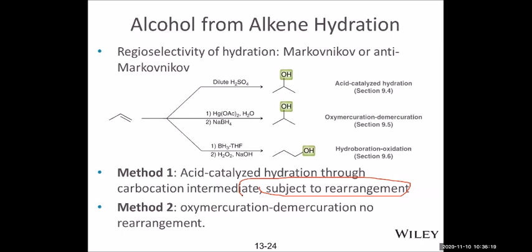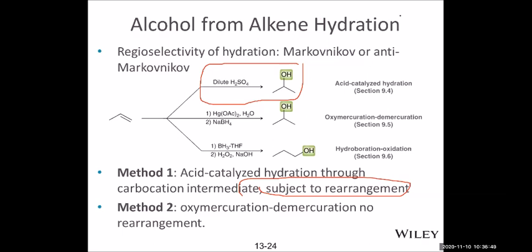So that's method one: acid catalyzed, forming the carbocation intermediate. This reaction, by the way, if there's no rearrangement, the regioselectivity we call Markovnikov, with the OH group attached to the carbon with more substituents, with more alkyl groups.